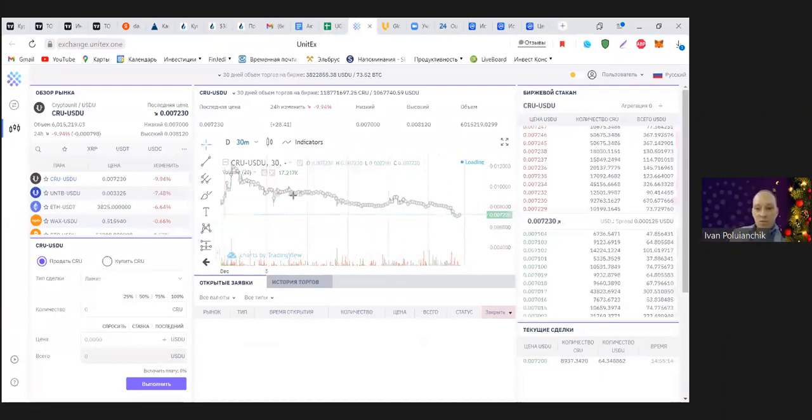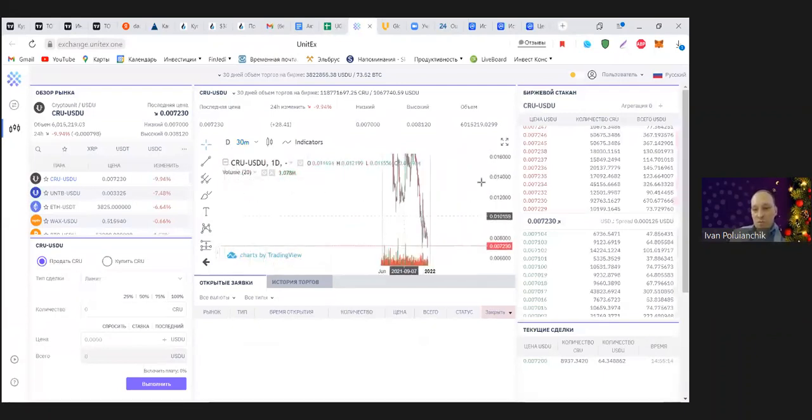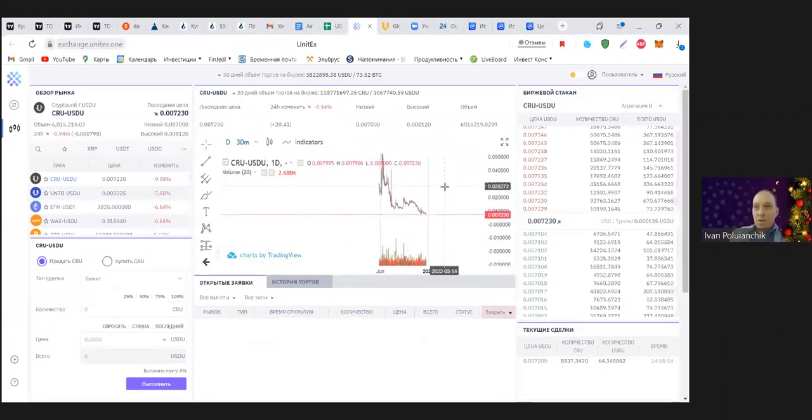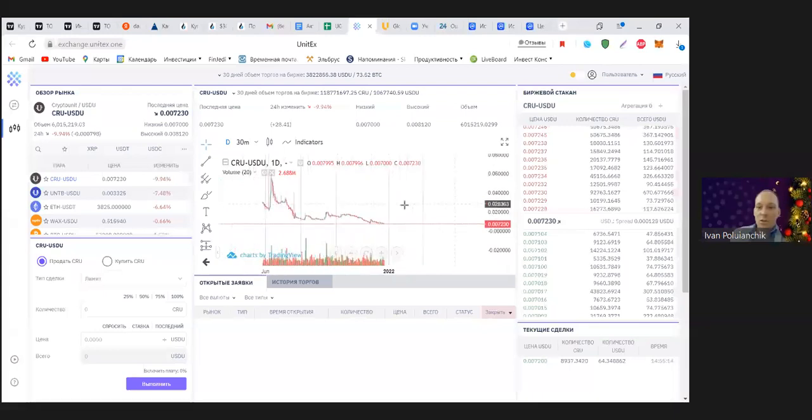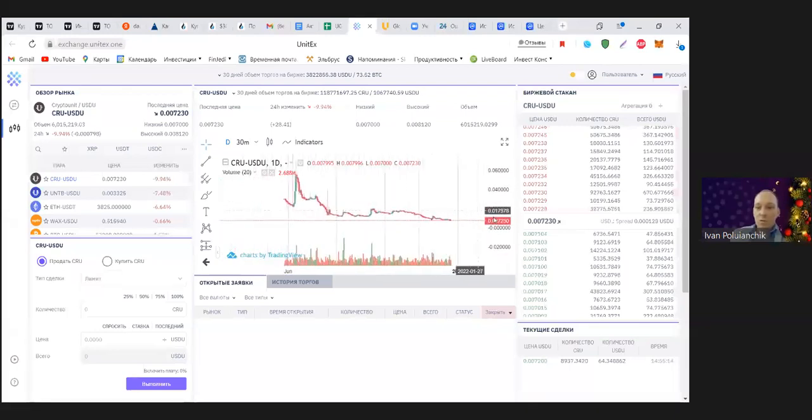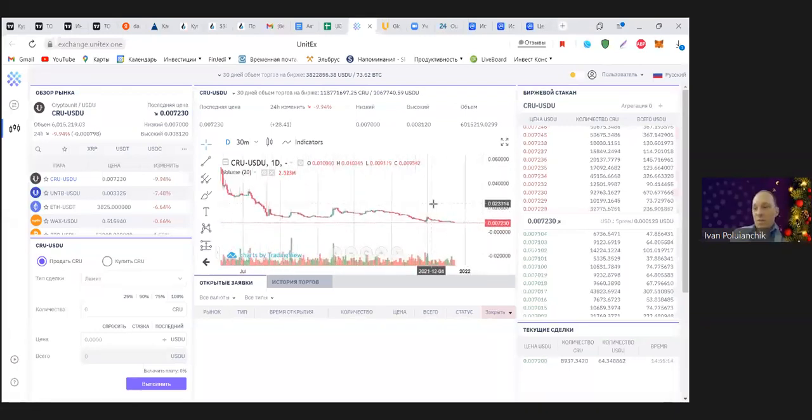So if you go to the exchange right now, you will see, we all know that at the beginning of the year, tokens could have been bought at 25-30 cents. Now they cost way less.